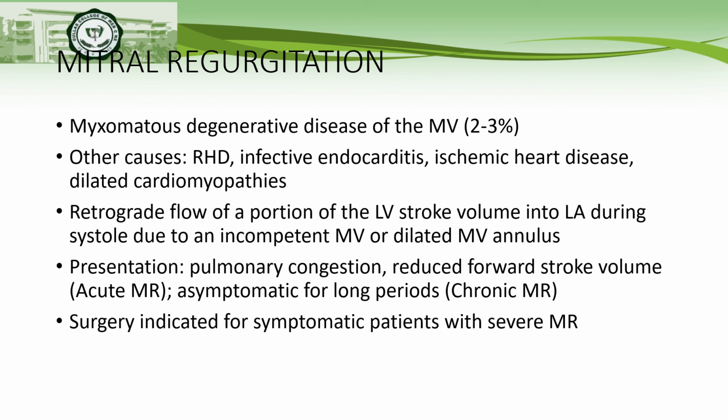In cases of acute severe mitral regurgitation, patients are often symptomatic and present with pulmonary congestion and reduced forward stroke volume. In chronic MR, patients are usually asymptomatic for long periods due to the compensatory mechanisms of the remodeled left ventricle.